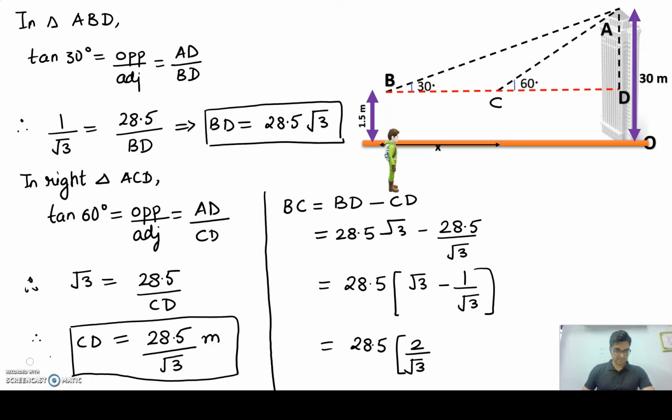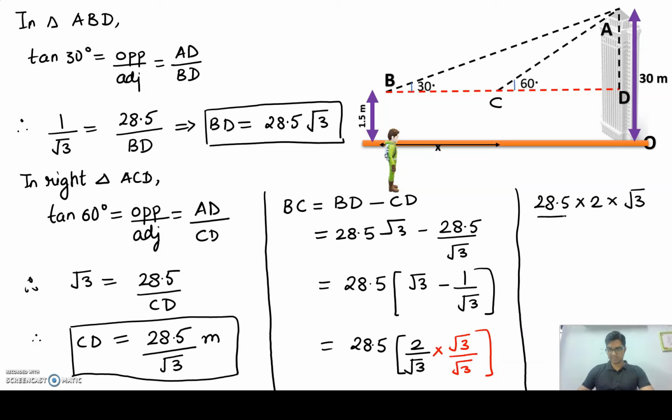But we know that root 3 is not allowed in the denominator, so we are going to rationalize it by root 3. Okay, so on further calculation, you will find in the denominator you have root 3 and root 3, so it becomes 3. So I'll just write it down quickly. This will be 28.5 into 2 into root 3, and in the denominator it is simple 3.